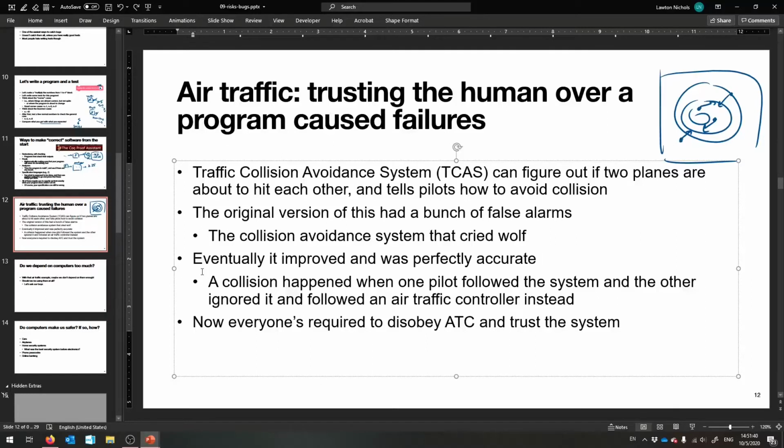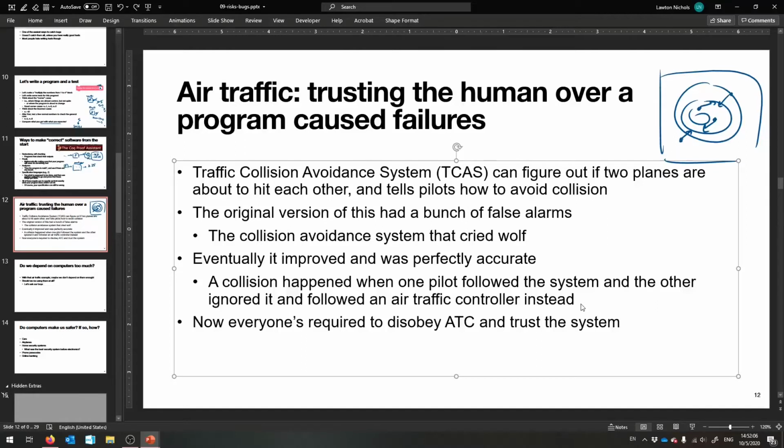So, an issue happened with this because a pilot followed the system. It told him or her to increase in altitude or something, and it told the other plane to decrease in altitude. But the other plane that was told to decrease in altitude, it was instead talking to the air traffic controller, who told them to also increase their altitude.